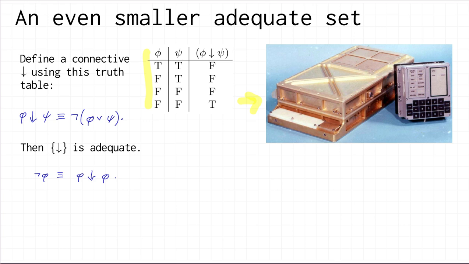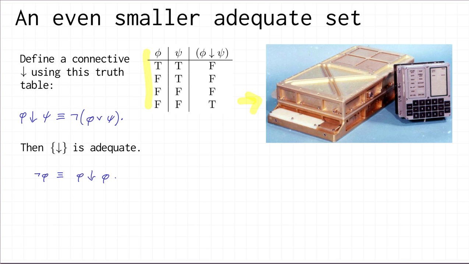And as a digital computer, it has to do a lot of logical operations. And the computer, in order to do logical operations, uses what are called logic gates. So logic gates are electronic devices which behave like logical connectives do. Now, NOR on its own, that's the name for this down arrow connective.